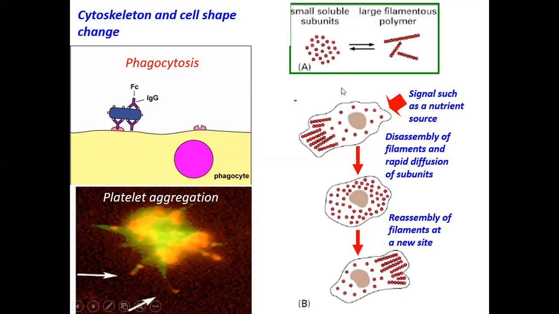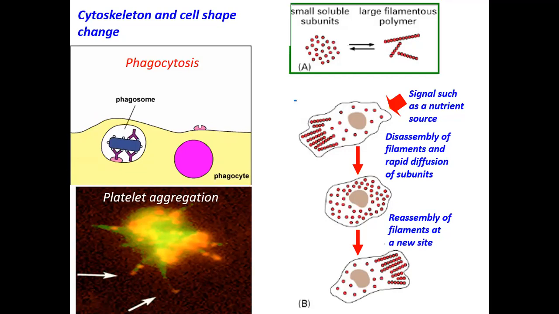The filamentous actin disassembles and becomes soluble actin. And then again, they assemble at the site where the nutrient is available. These filamentous actin engulf the nutrient and take the nutrient inside, like endocytosis.